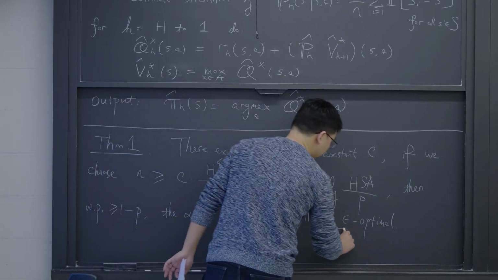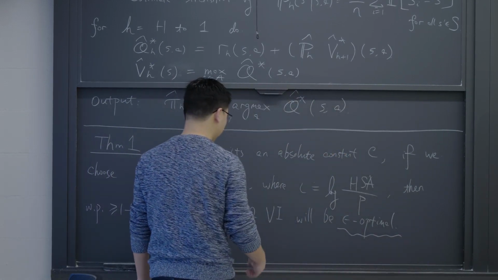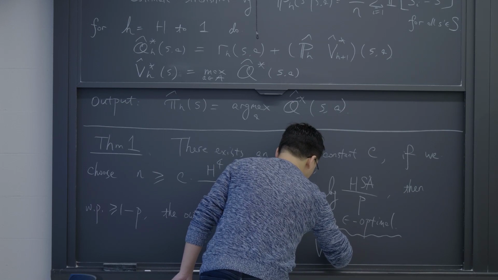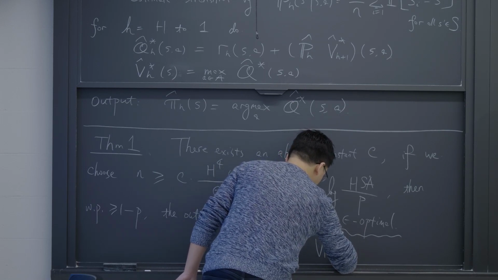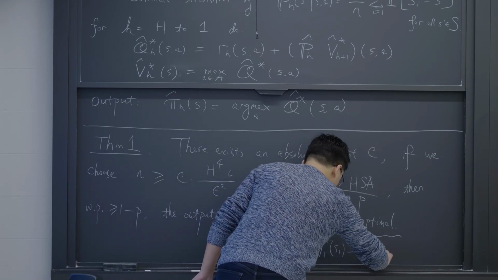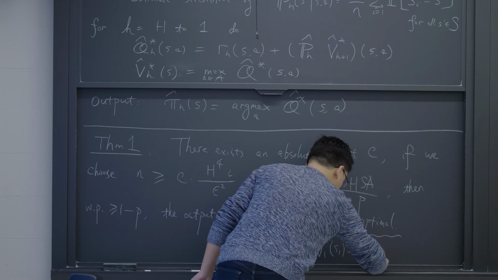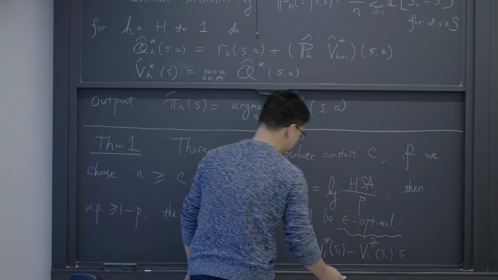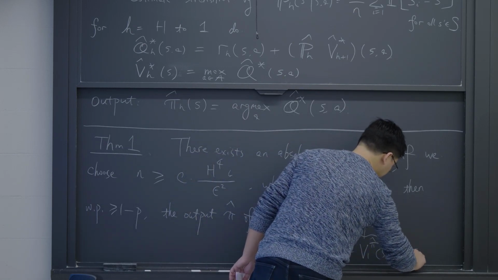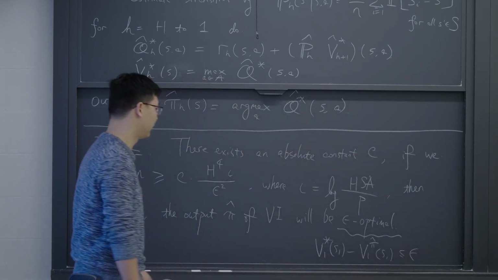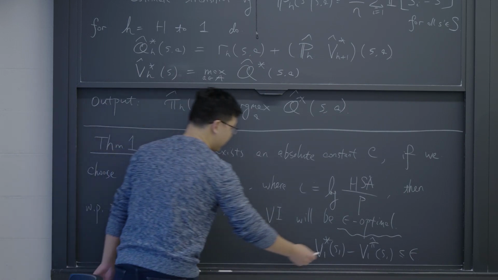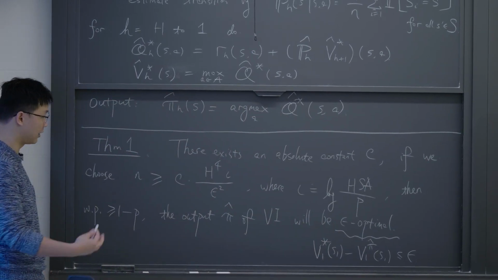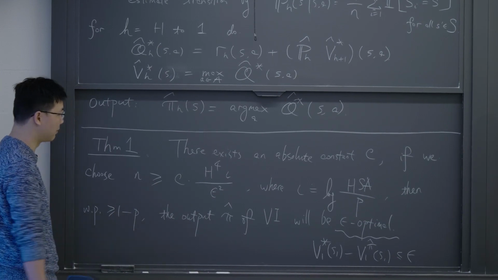And just recall that by definition of epsilon optimal, last time we defined this in terms of V star at step 1 and s1 minus V pi hat at step 1 and s1. This is less than epsilon. That is, the pi hat policy, when we evaluate the value at the first step and the initial state, is very, very close to the optimal value.